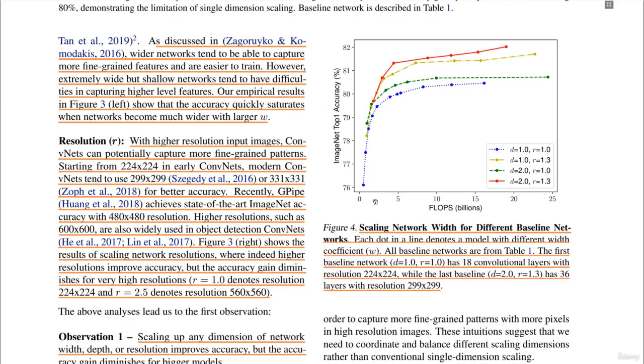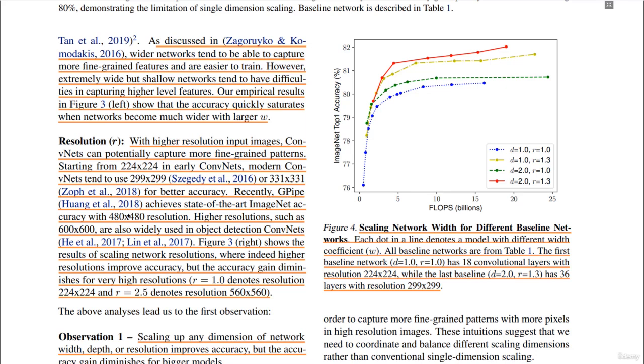Talking about the resolution, it says here that with higher resolution input images, ConvNets can potentially capture more fine-grained patterns, starting from 224 times 224 in early ConvNets. Modern ConvNets tend to use 299 times 299. So these are images which come as 299 by 299 by 3 for better accuracy.